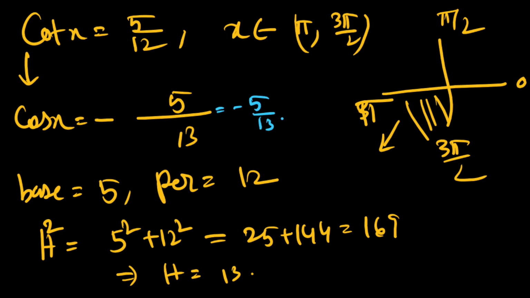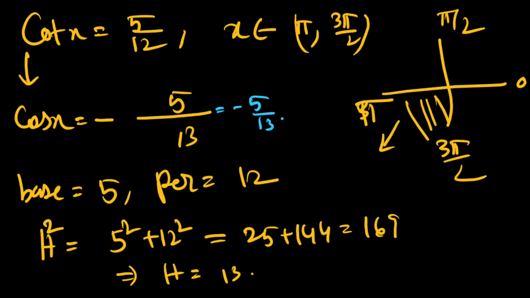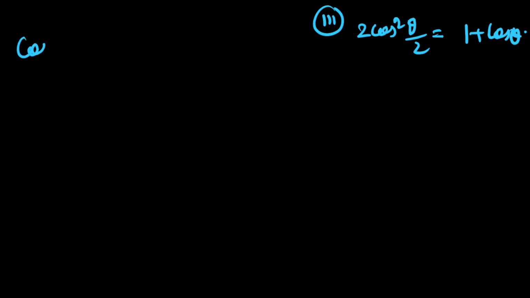Now we actually need sin x/2 and cos x/2. Using this cos x value, we find them. We use the identity 2 cos squared theta/2 is equal to 1 plus cos theta. We have cos x equal to minus 5 over 13.